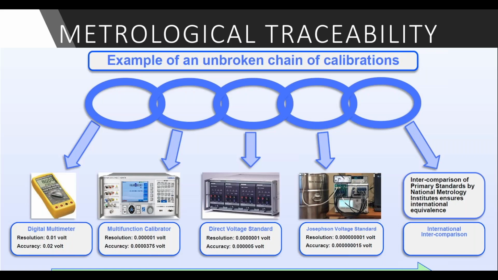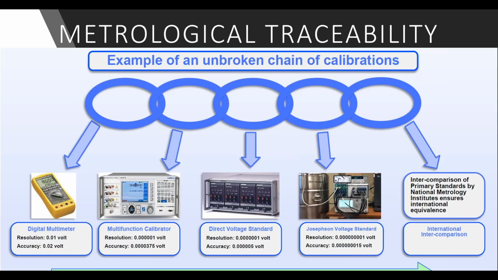So a great example of an unbroken chain of measurements. You have your handheld multimeter, send it over to your Cal lab, they'll calibrate it. So we have an accuracy of 0.02 volts here at 10 volts. So here we have 37 parts per million at 10 volts. Move over to our direct voltage standard, we have 5 parts per million.